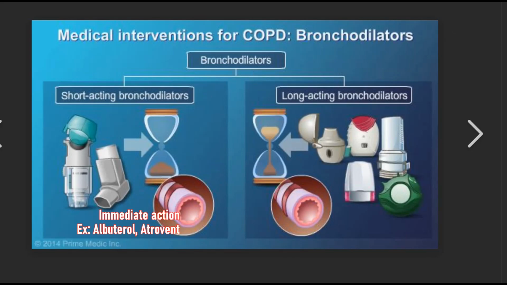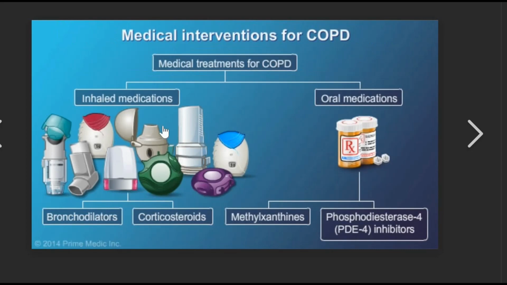Example, albuterol and Atrovent. What are long-acting bronchodilators? The long-acting effects last longer and it controls the exacerbation. Example, Spiriva. So along with the bronchodilators, there are other inhaled medications called corticosteroids.